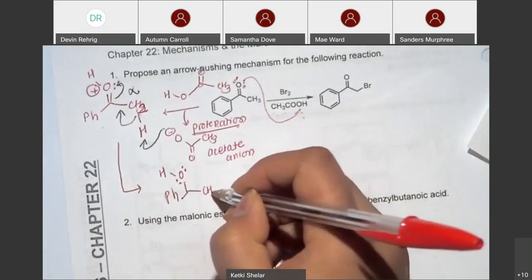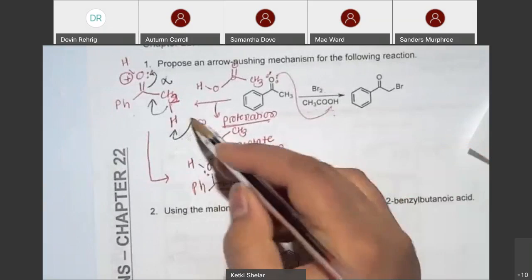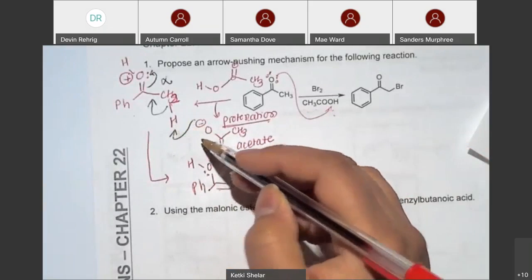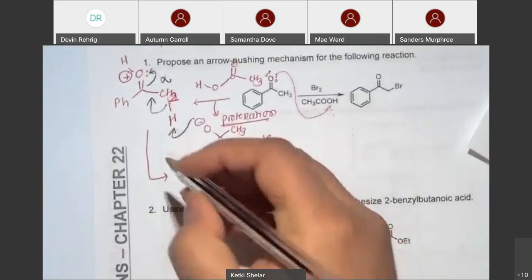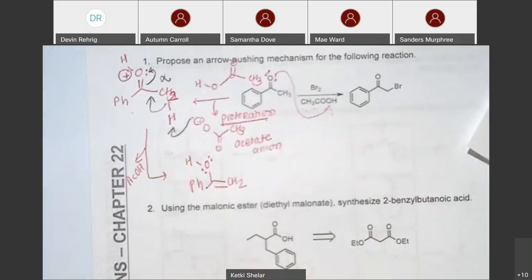And then there is the CH2 as it is. So 1 hydrogen has been plucked off from this, and it will go with acetic acid, which will be removed. Okay.